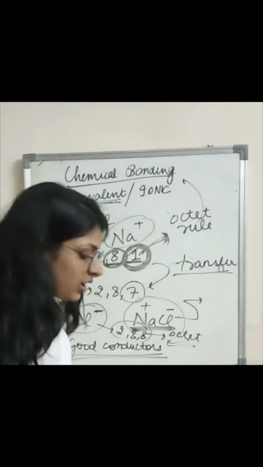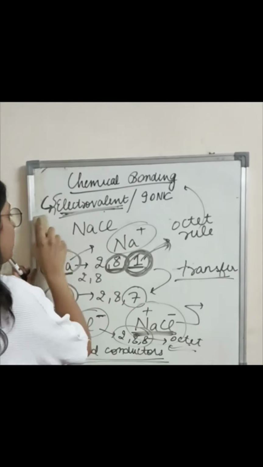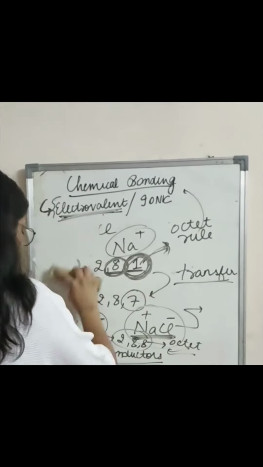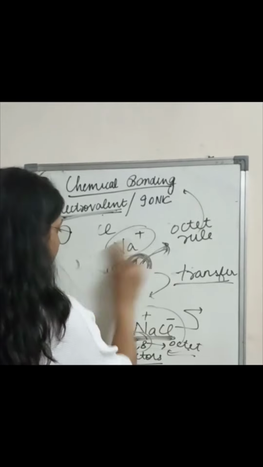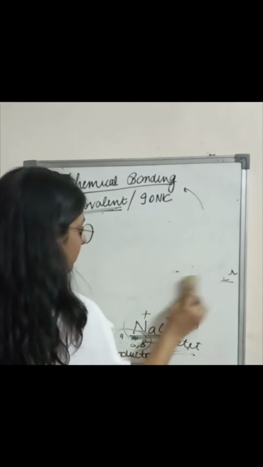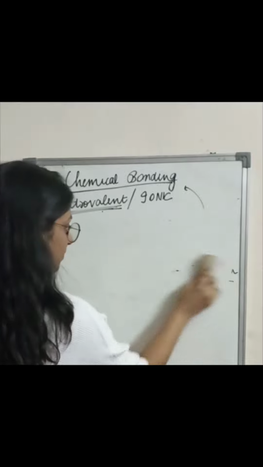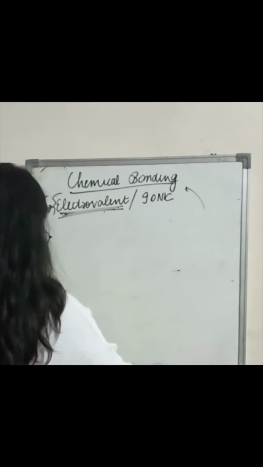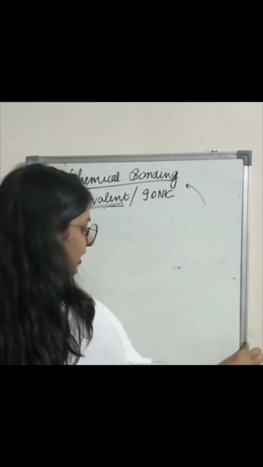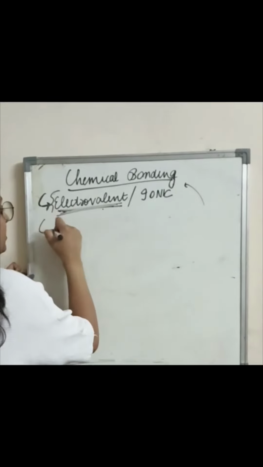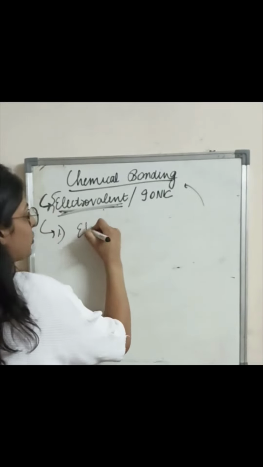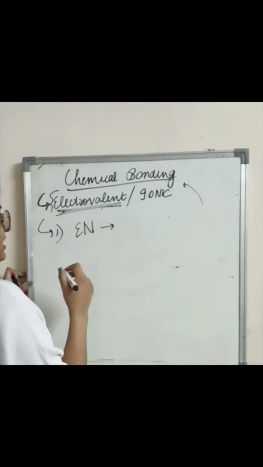Now we will see the conditions that electrovalent bonding follows. The first condition is electronegativity.